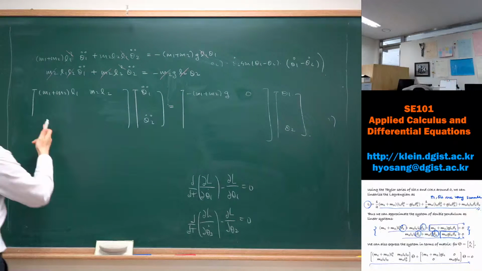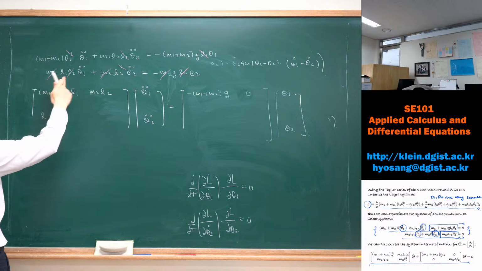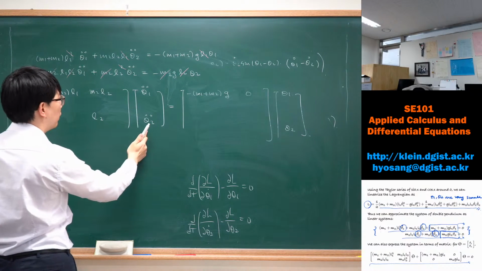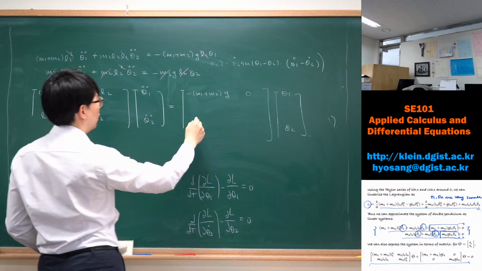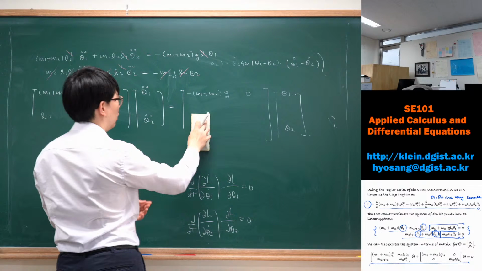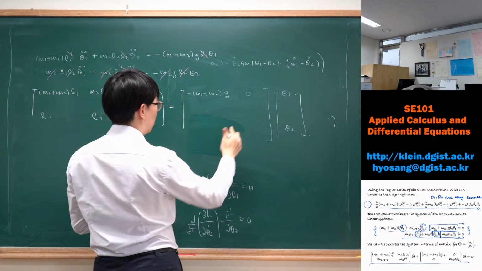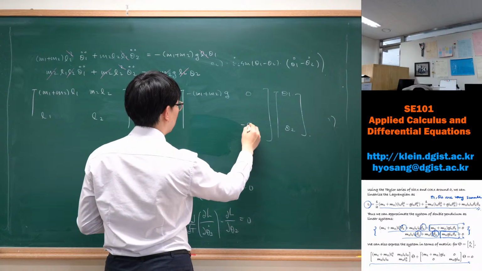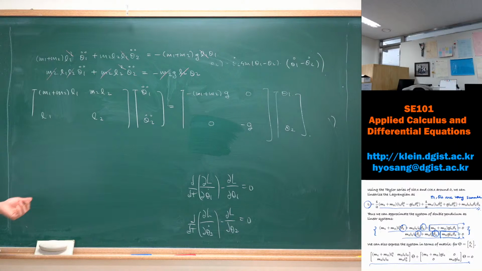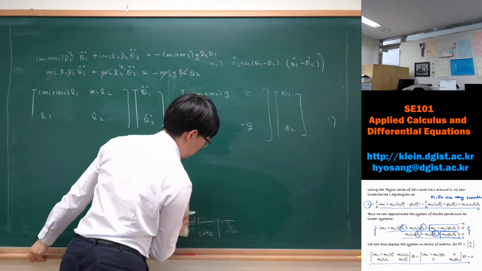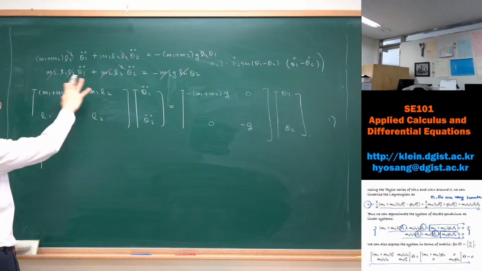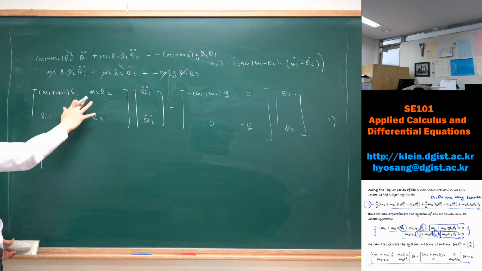How about the second equation? We have L1 and L2, zeta 2 double dot, and we have minus G on the second component, minus G, 0. So that's the equation. So we can take the inverse matrix of this 2 by 2 matrix.